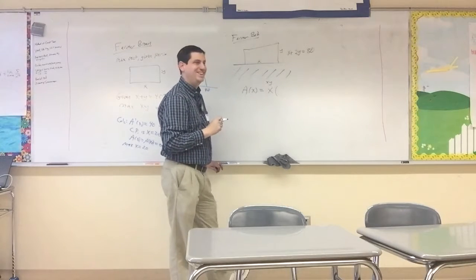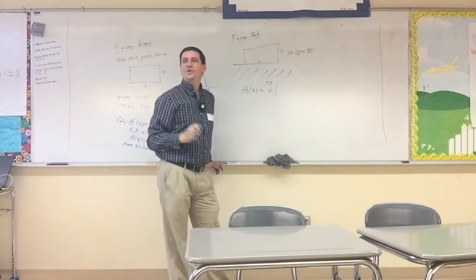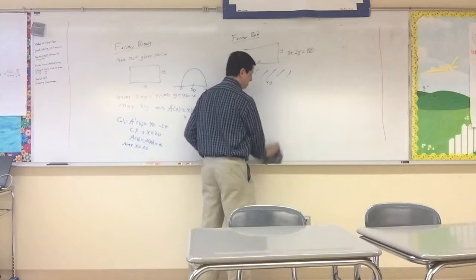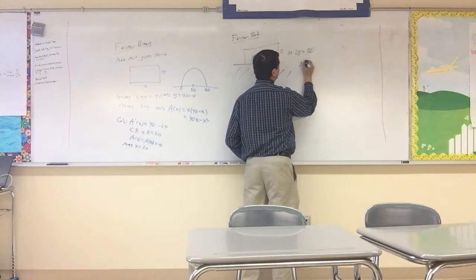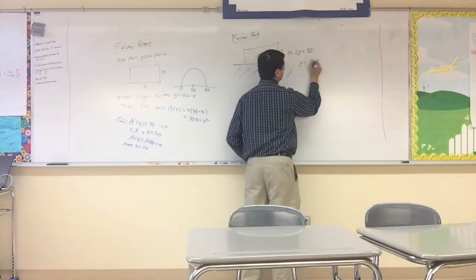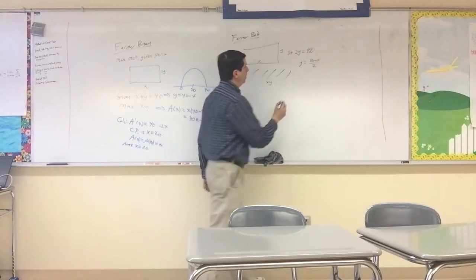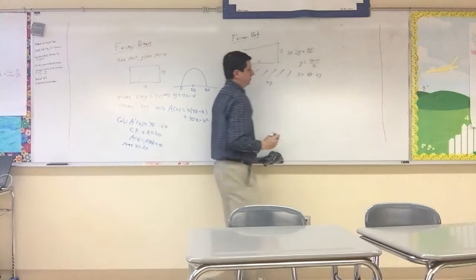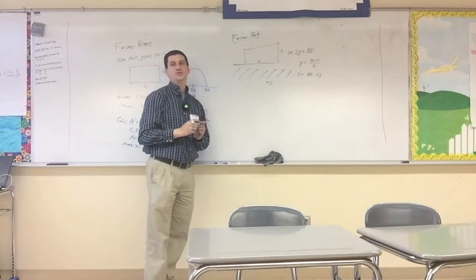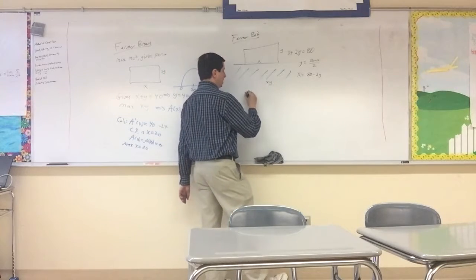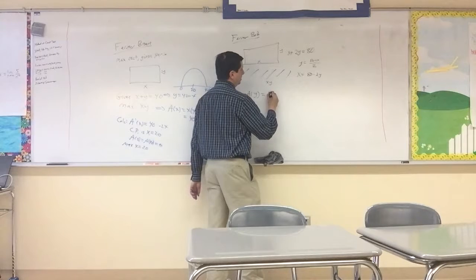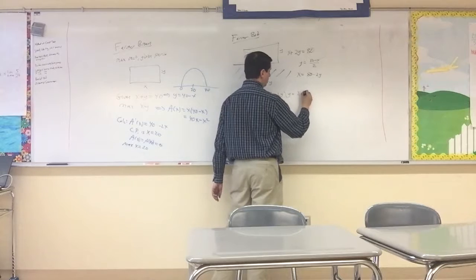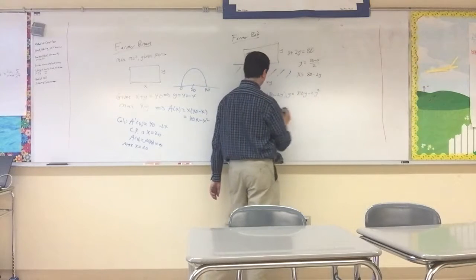All right, so one thing to say is it's probably easier to work in terms of y than x, right? Because I can solve, y is equal to 80 minus x over 2, or I can say x is equal to 80 minus 2y. So I'd probably rather just do things in terms of y and get a of y is going to be 80 minus 2y times y, which is 80y minus 2y squared.